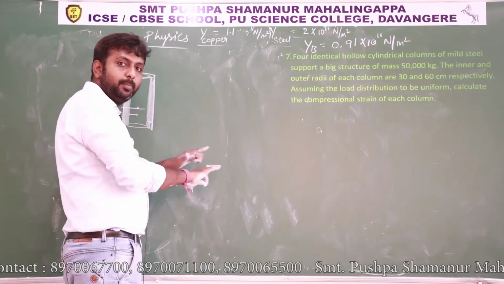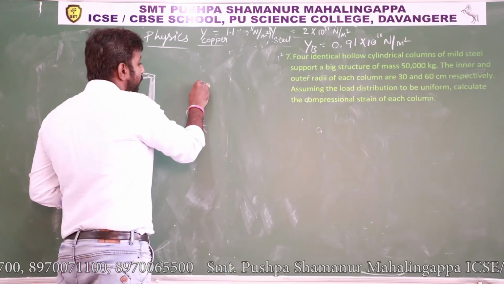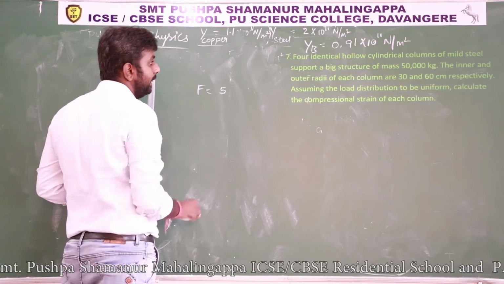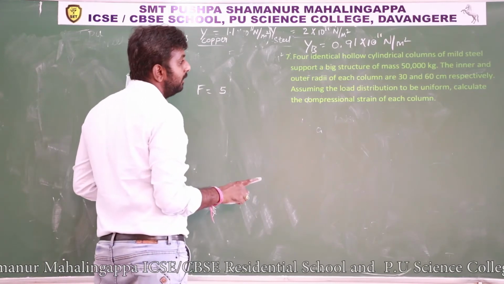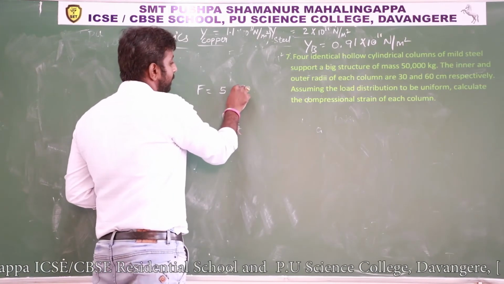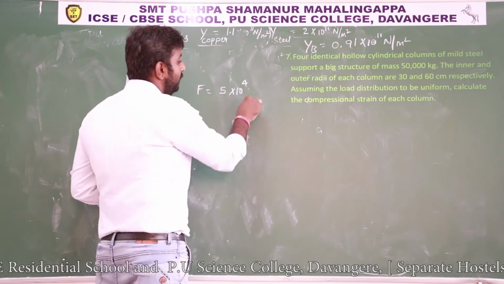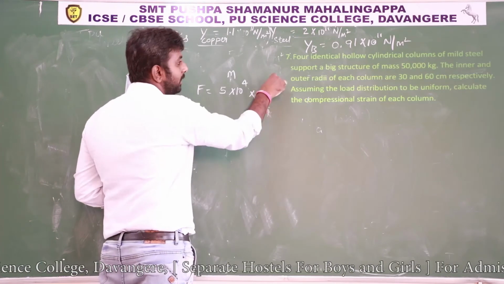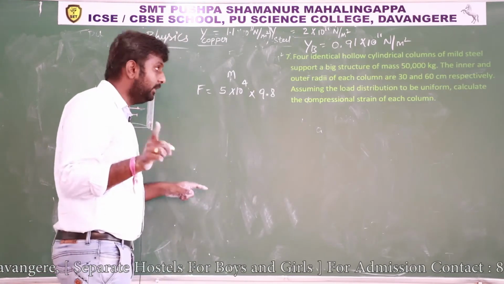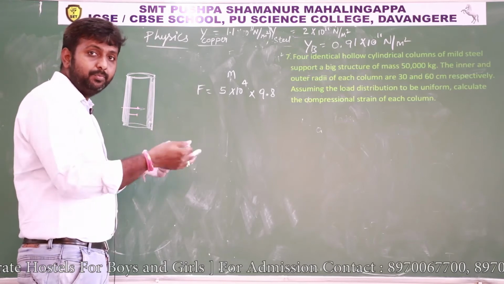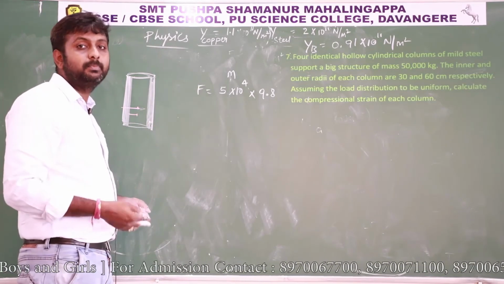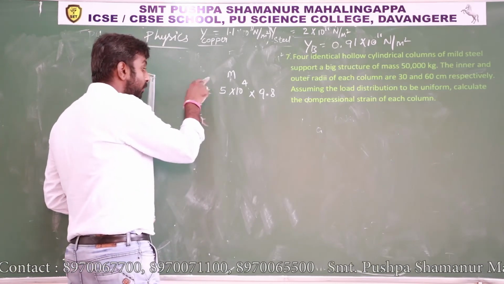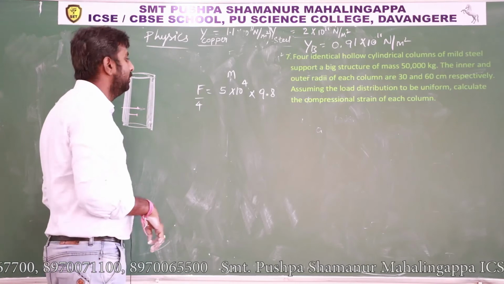The force is distributed uniformly. The mass is 50,000 kg, that means 5 into 10 to the power 4 kg into g, and g value is 9.8. This is the total force. There are 4 cylinders. Per one cylinder, the force becomes F by 4.